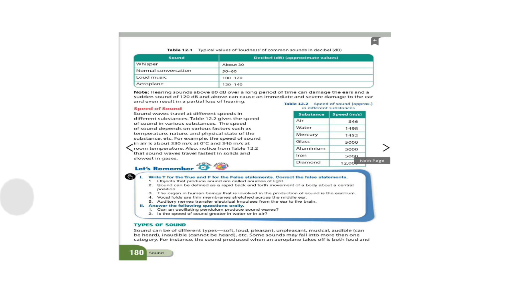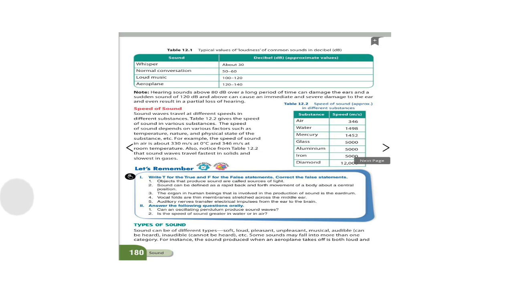Okay, today we are going to learn about types of sound. Sound can be of different types: soft, loud, pleasant, unpleasant, musical, audible. Audible means it can be heard. Inaudible means it cannot be heard.